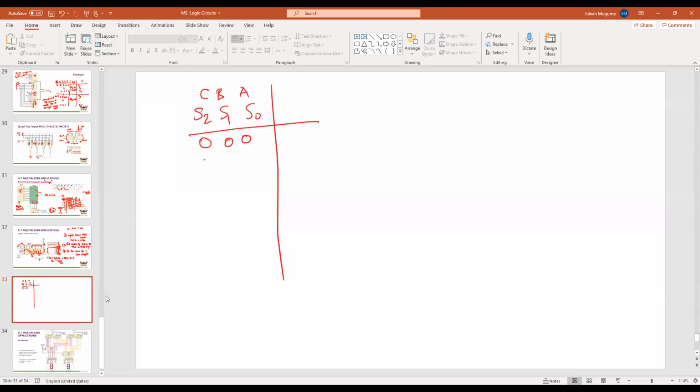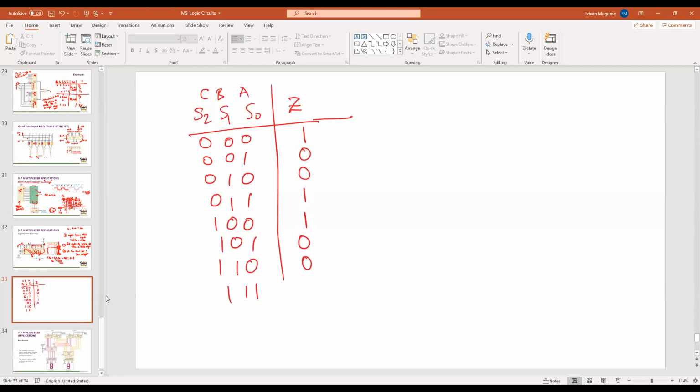It goes 0, 0, 0, 0, 0, 1, 0, 1, 0, 0, 1, 1, 1, 0, 0, 1, 0, 1, 1, 1, 0, 1, 1, 1. And this is my Z. I have a 1, a 0, a 0, a 1, a 1, a 0, a 0, a 0. I don't know what this gives me. Maybe it gives me Z equal to C inverse B inverse A inverse, plus C inverse BA, plus C B inverse A inverse.